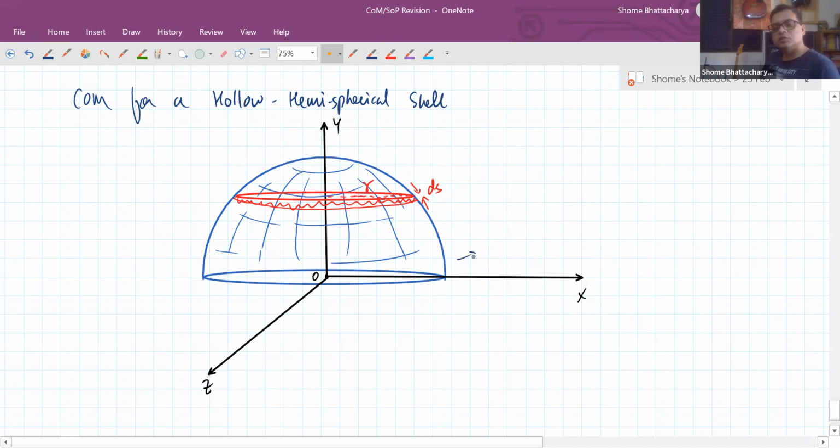So this is a thin shell which has mass capital M and radius of curvature capital R. So this radius here is capital R.